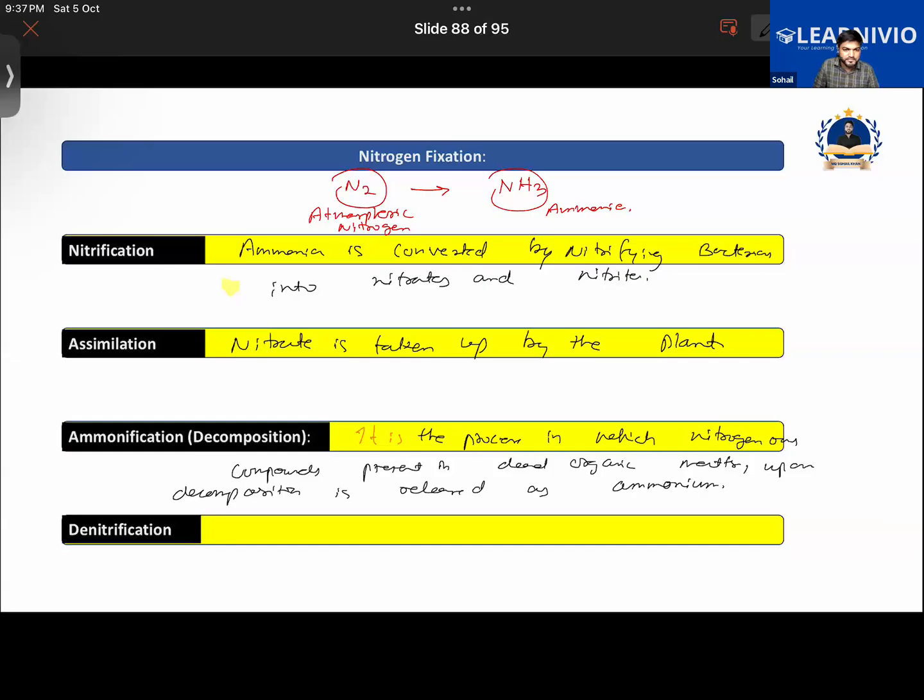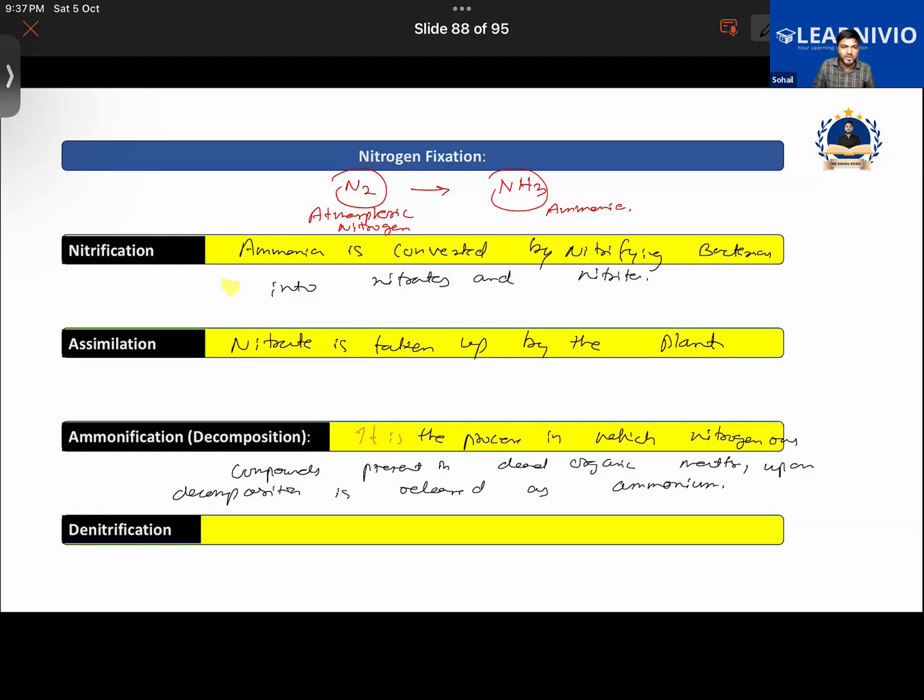Hope this is clear to you. It's a reaction converting the nitrogenous compounds in dead organic matter into ammonium. When an organism dies or excretes waste, the nitrogen is released in the form of ammonium.